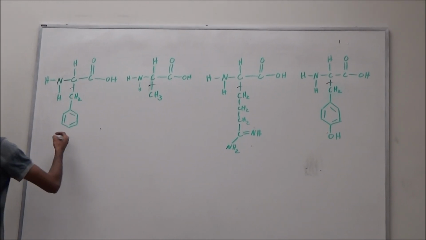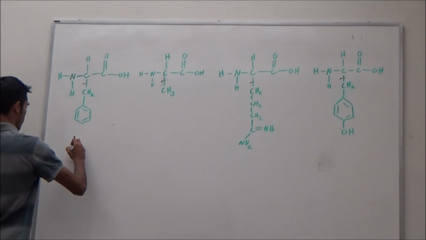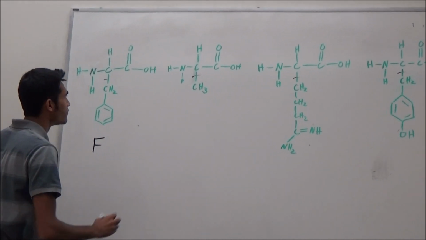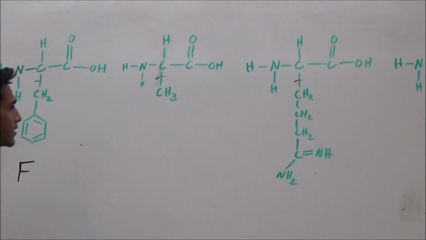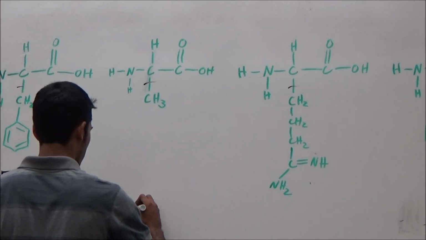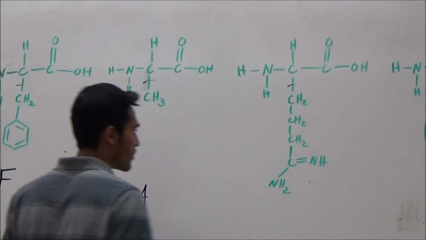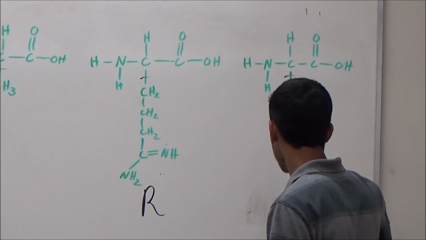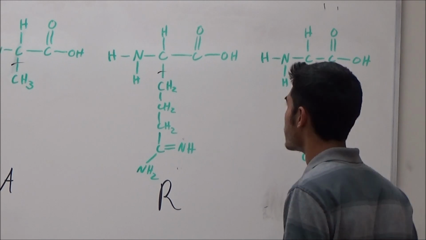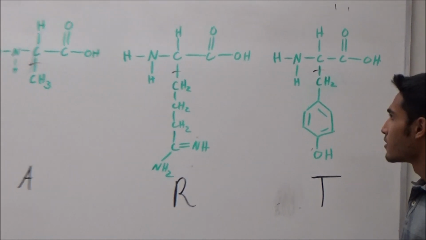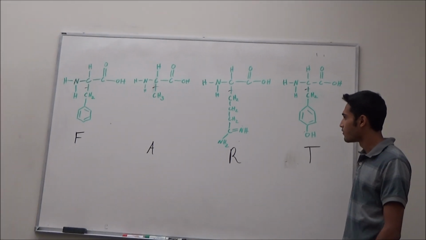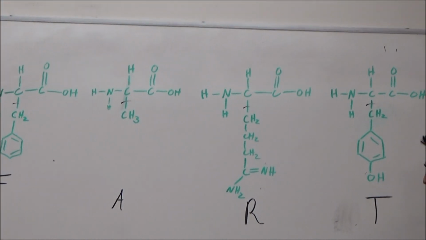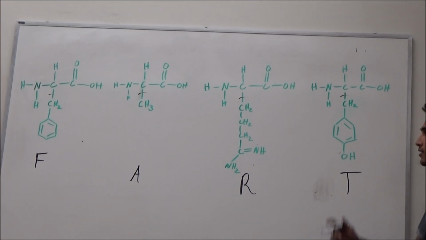So phenylalanine is abbreviated with F, and this is alanine, abbreviated with A. This is arginine, abbreviated with R, and tyrosine, abbreviated with Y. So if these 4 come together, they'll form our favorite protein called fart.